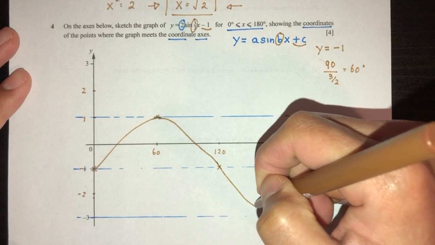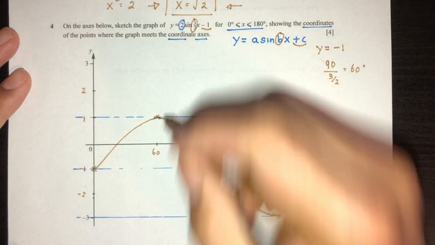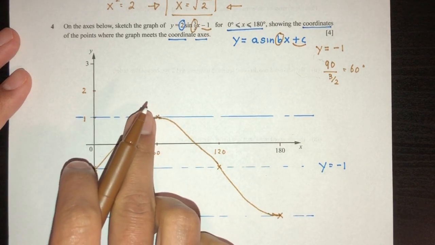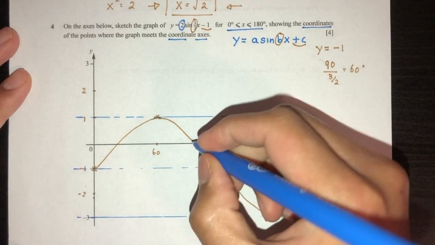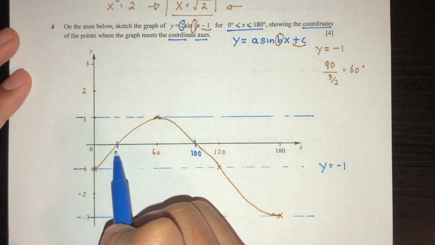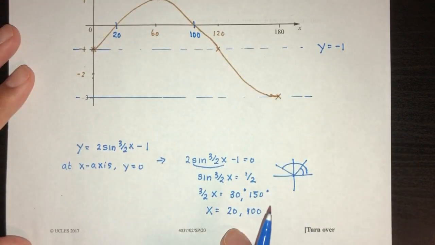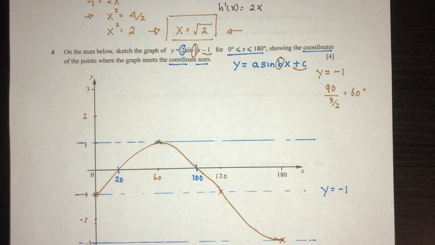Not so great, but you get the idea. Should be pretty smooth. Okay, this one is not too smooth. Make sure you draw this pretty smoothly. Okay, but the point here is you have to mention that this is 100 and this is 20 according to your calculations. Okay, so that will be your question number 4.